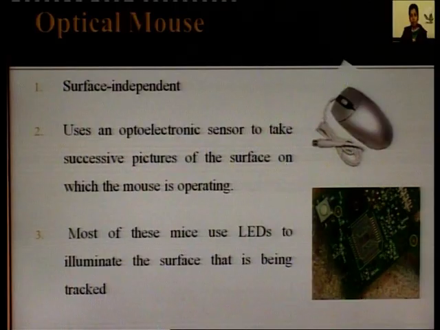There are a number and variety of techniques applied in mice, like simple mouse, LED mouse, optical mouse, wireless mouse. The optical mouse is surface independent and uses optoelectronic sensors to take successive pictures of the surface on which the mouse is operating. Most of these mice use LEDs to illuminate the surface that is being tracked.